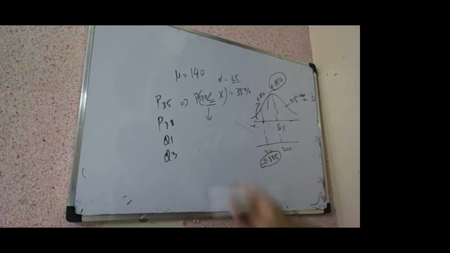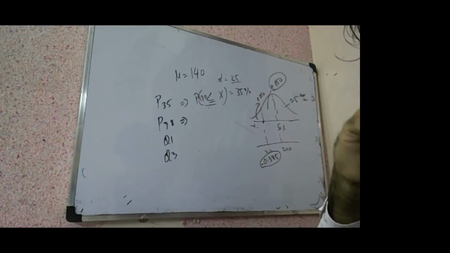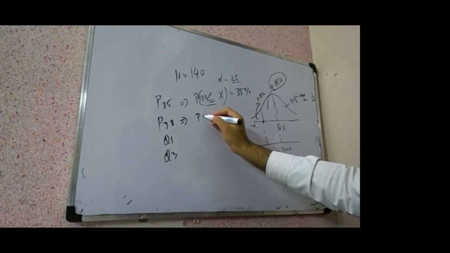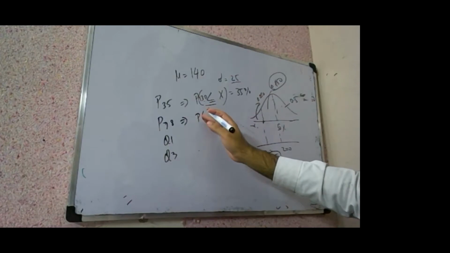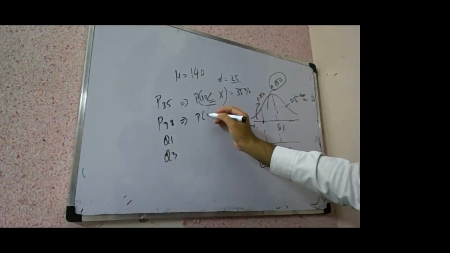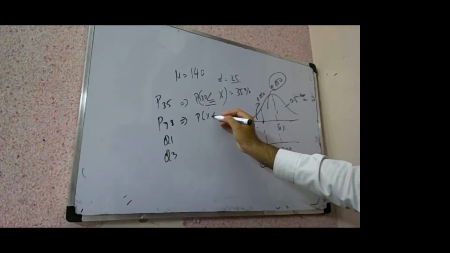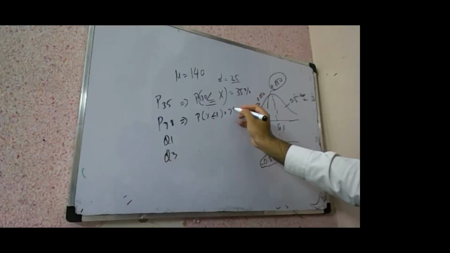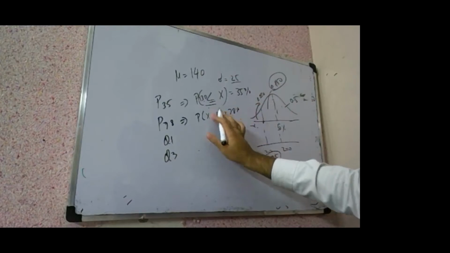You can calculate the percentile of 78. So in the percentile of 78, what do you know? You have to calculate the probability of x, same as given, right? 78 is on that side, so you can either get x less than or equal to 78%, or greater than 78%.